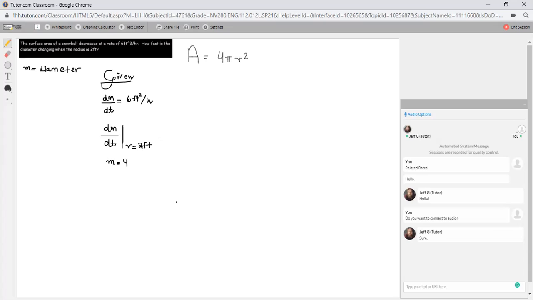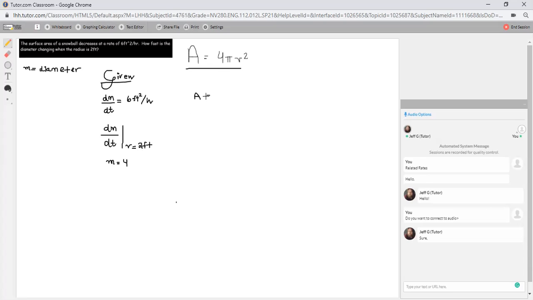Now I'm looking for an equation that will relate my diameter with the other components I have, which would be this formula here.